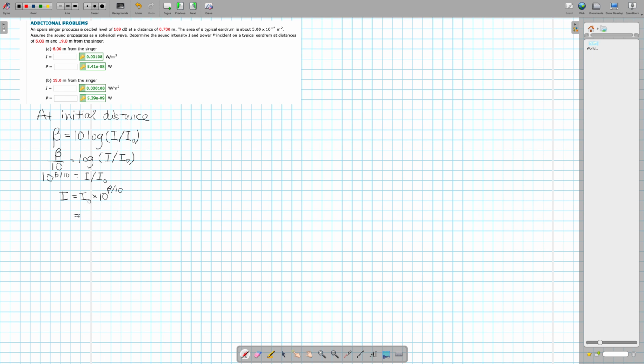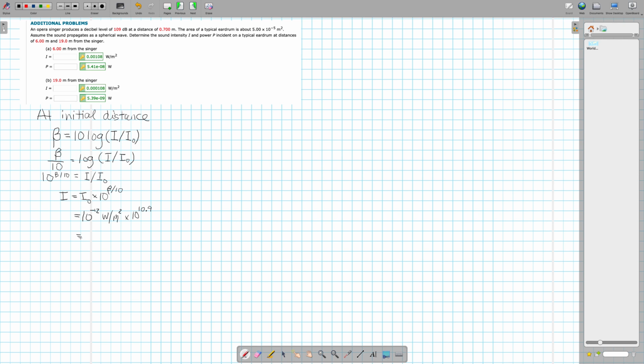And we can calculate the intensity at this initial distance of 0.7 meters. So let me do that. This is 10 to the minus 12 watts per square meter times 10 to the 109 over 10, or 10.9 power. You're going to have different numbers. Let's see what this is.